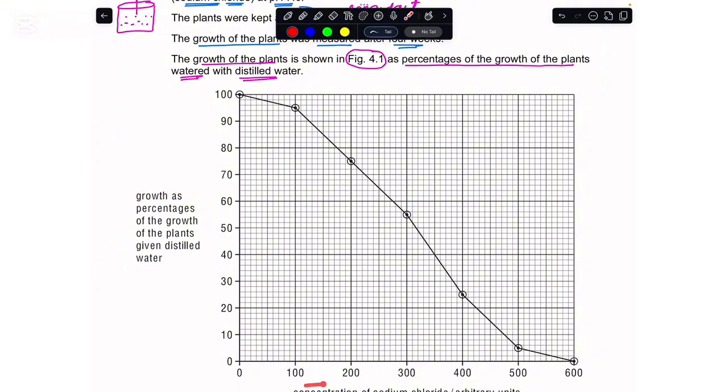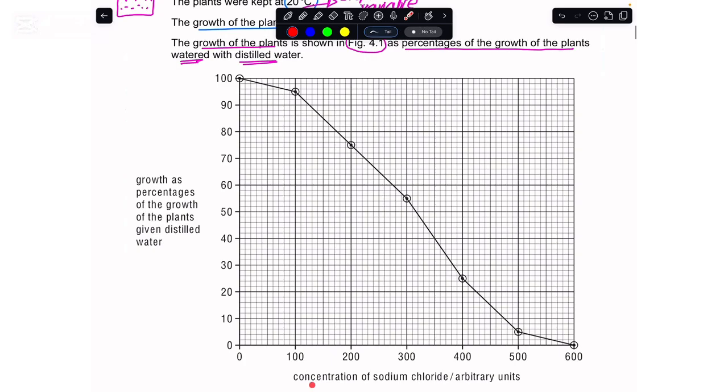And here we have the x-axis, where they have shown the concentration of the sodium chloride. This is something we have changed in the investigation, so this is the independent variable, and it goes on the x-axis. If I were to describe this graph, when the sodium chloride is kept at zero arbitrary units, the growth of the plant is max, and that is 100%.